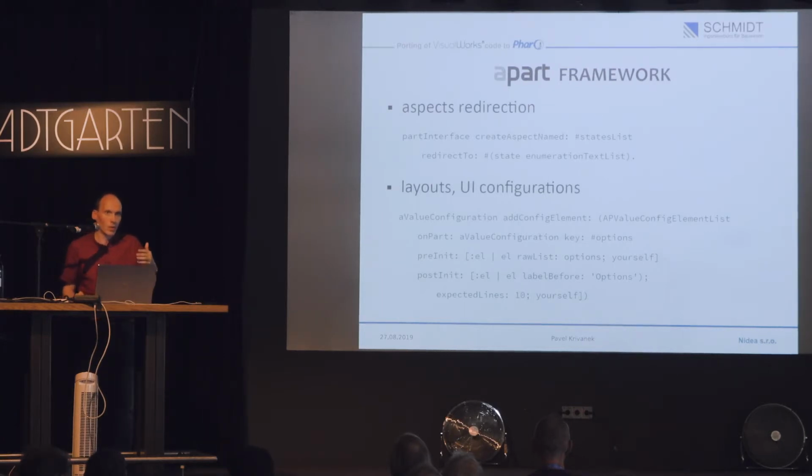Normally, if you are building a user interface, you only need to specify a layout in the Apart framework. Everything else is solved on the model layer, but we also have a way to describe even the layout in the model, using UI configurations, so you can really generate your user interface.